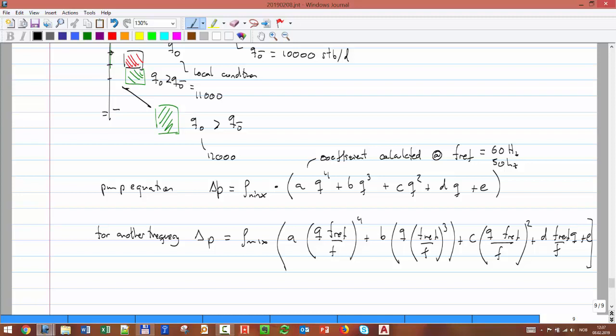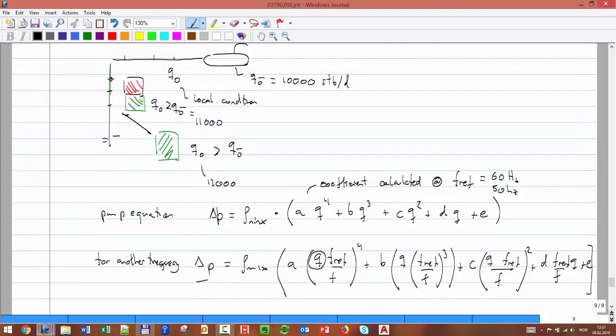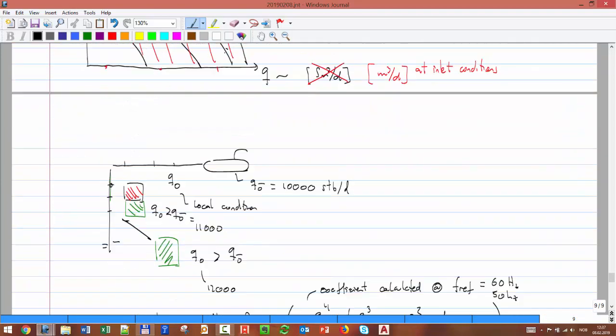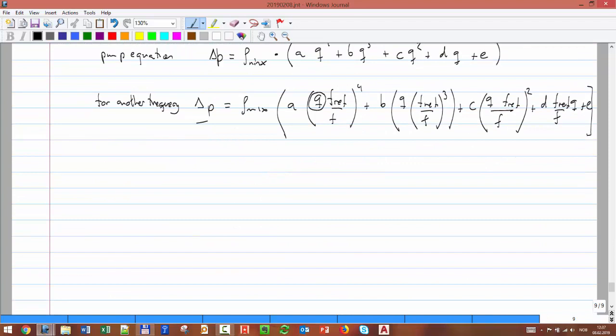But then if you want to calculate for another frequency, I simply have to multiply the Q times F reference divided by the actual F that I have. That equation has been programmed for you in the exercise you're going to get, so don't worry, but just to show you slightly where it came from.